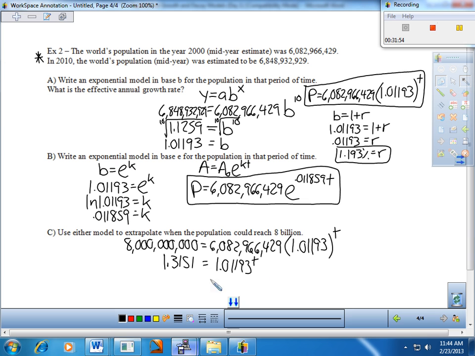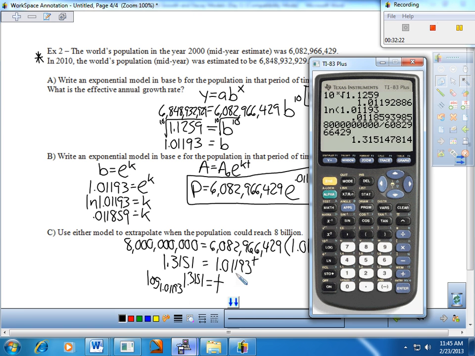Anyway, I'm going to roll that on over to the other side, and t should just be the log base 1.01193 of 1.3151, etc. I'll let the calculator do a little better than I wrote it here. Everyone okay with that? It becomes the base of the logarithm. I have to do a change of base formula. It basically will be log of the input divided by log of the base.